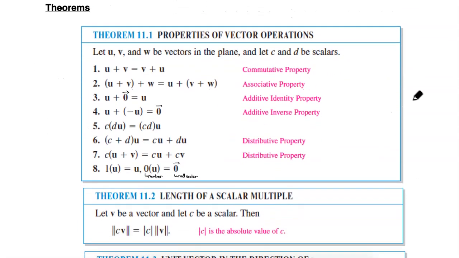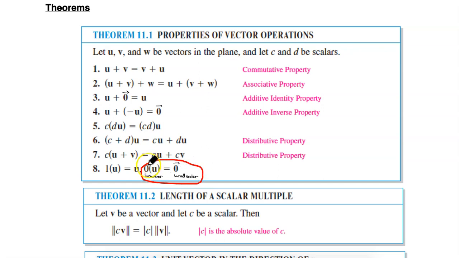Okay, a bunch of properties of vectors which typically show us that vectors behave the way we expect them. You can add vectors in any order, so it's commutative, it's associative, etc. One thing that's quite important on this page to realize is this part here. You can see zeros twice, but they're actually very different zeros.